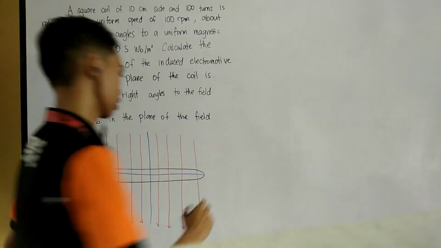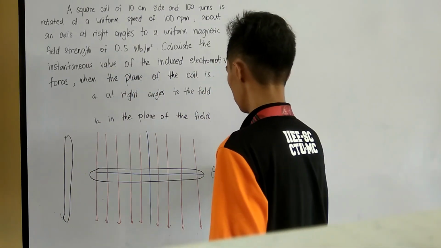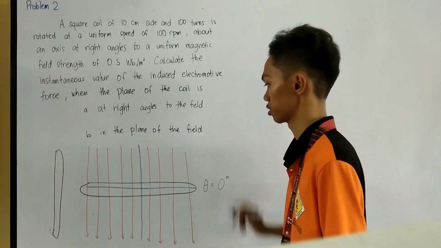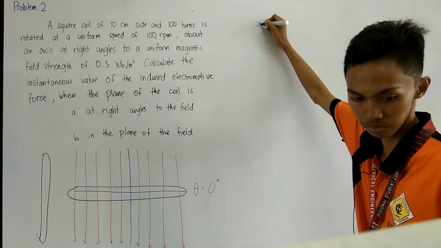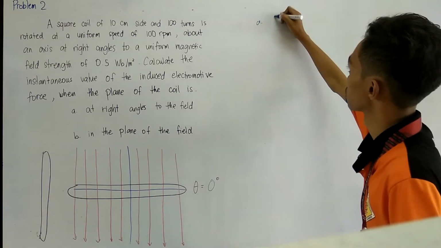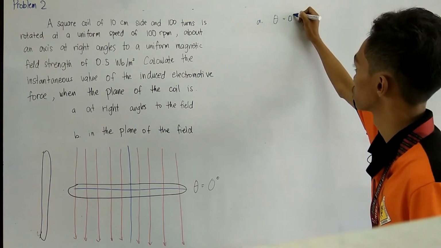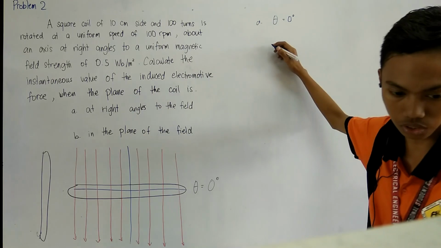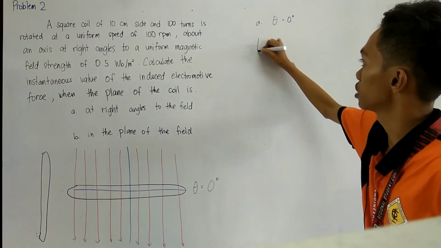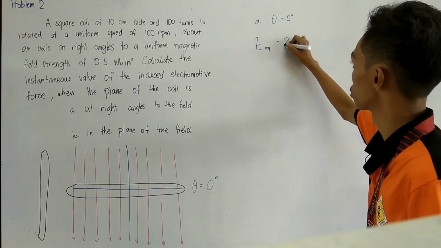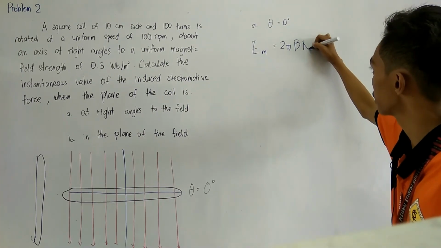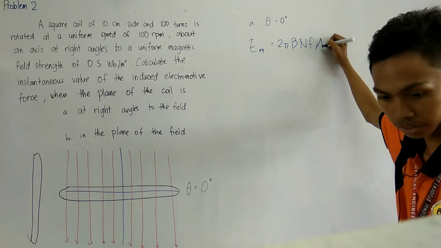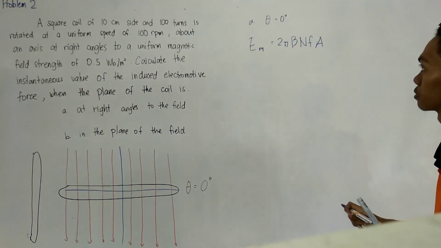It means that theta will be equal to 0 degrees. So solving for A, since theta is equal to 0 degrees, we have the equation E sub m is equal to 2 pi B N F A.